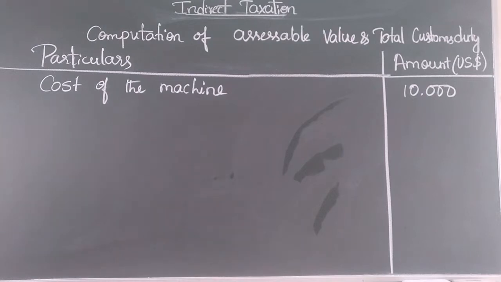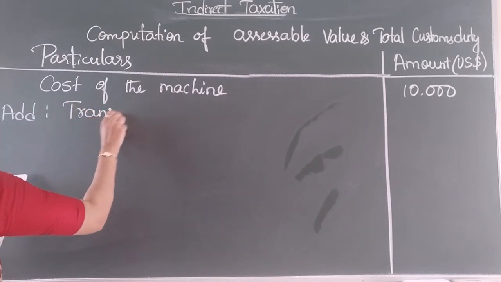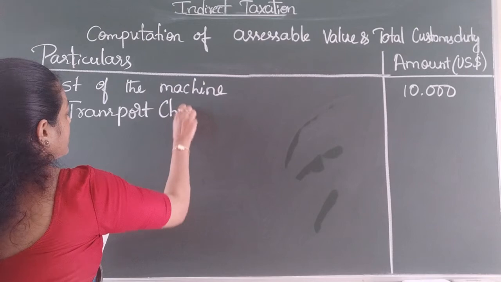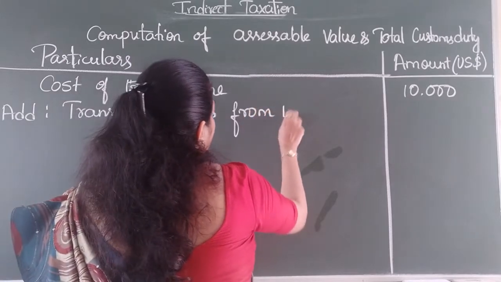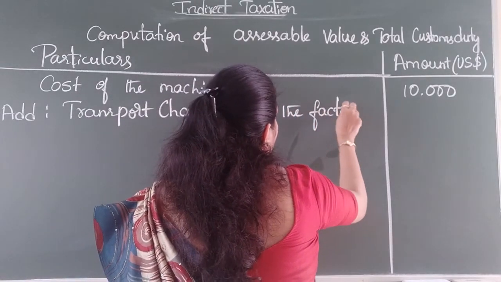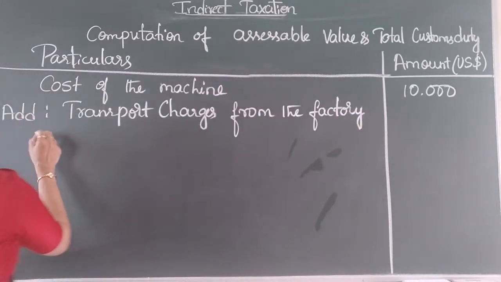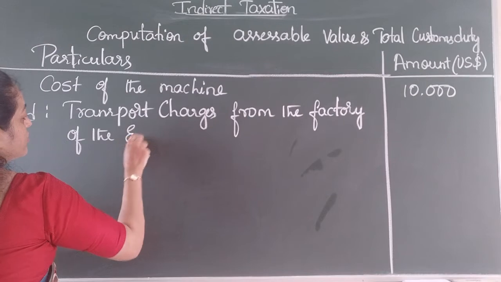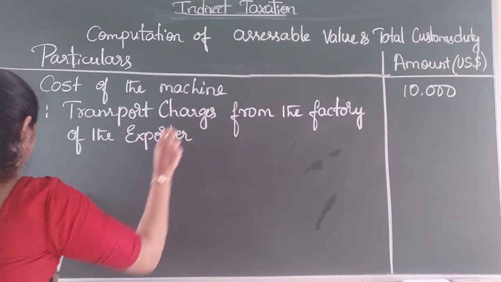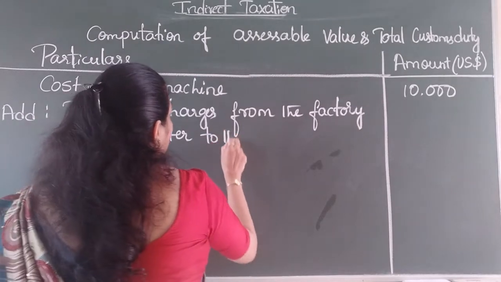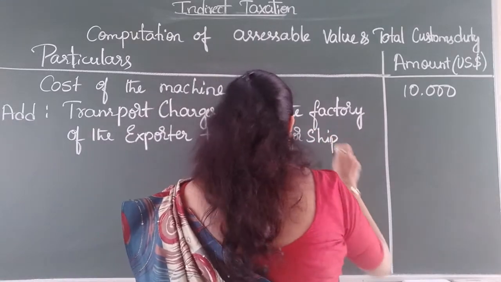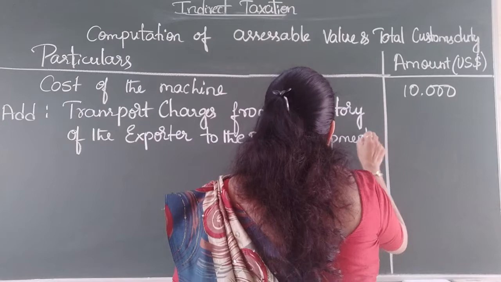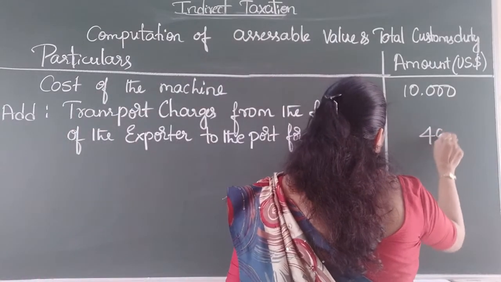Add transport charges from the factory of the exporter to the port for shipment. So you need to add $400.